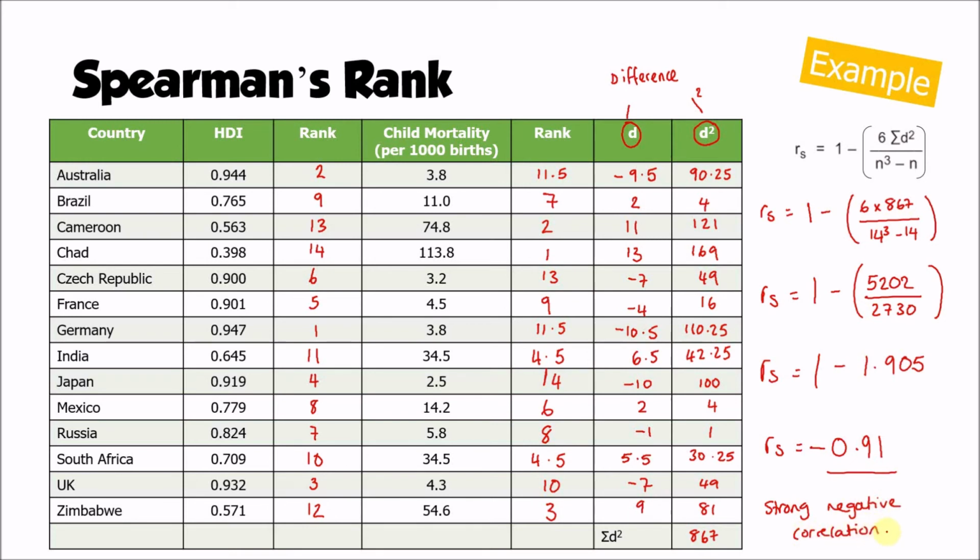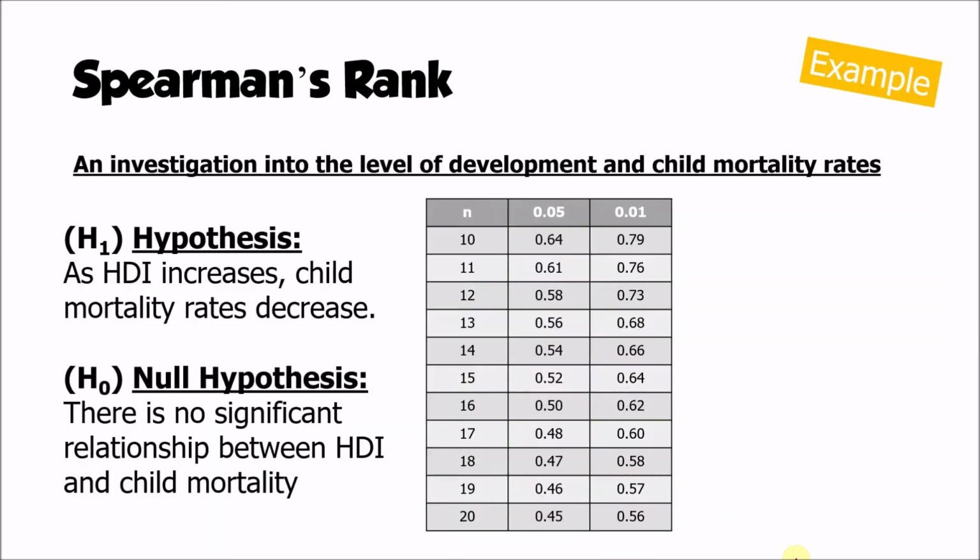However, we also need to think about the likelihood that that result could be a random one and how confident we can be in our result. So this takes us back to our significance levels. If we remember, our result for Spearman's rank was minus 0.91.